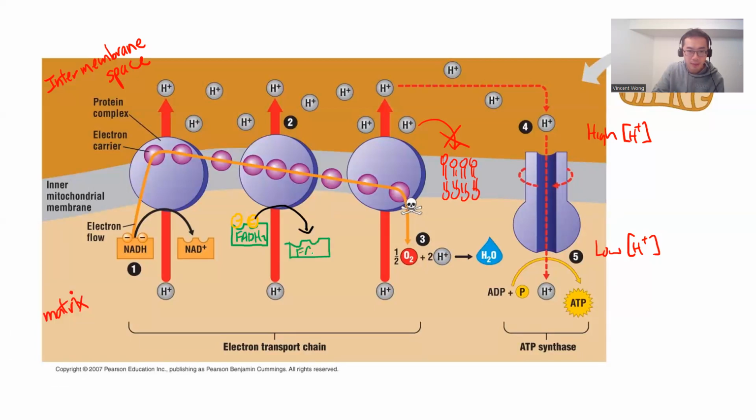And then it will become FAD again. Right? So the electron is going to get passed down, but not as far compared to NADH, right? And so it's only able to pump enough H plus to produce 2 ATP. Okay. Any questions?